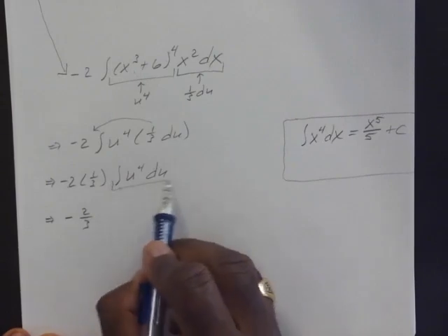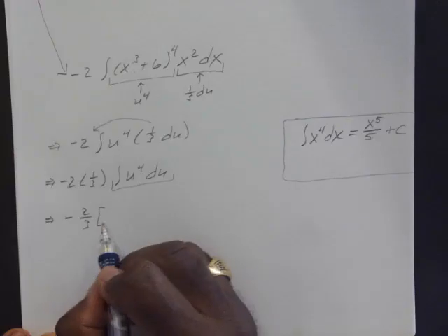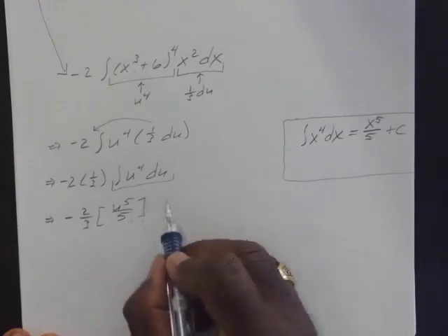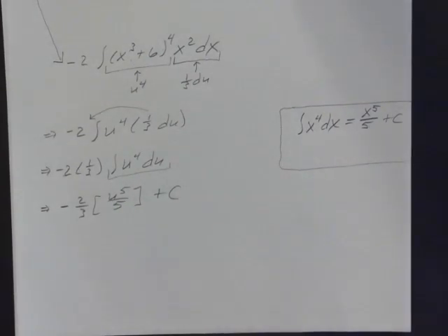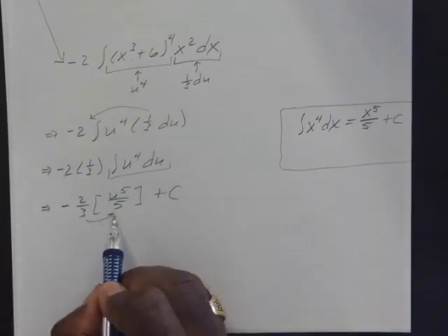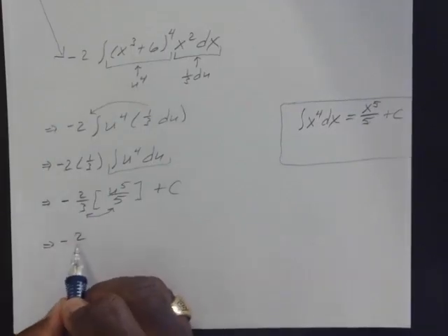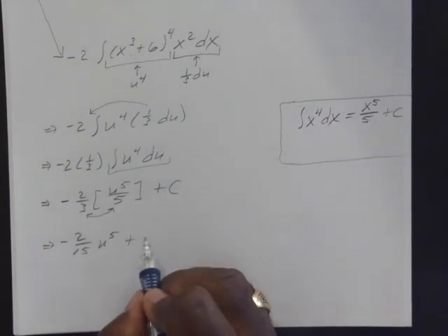And the integral of u to the fourth power is u to the fifth power over 5, times u to the 5th power over 5 plus c. So if we multiply our denominators, that gives us negative 2 over 15 times u to the 5th power plus c.